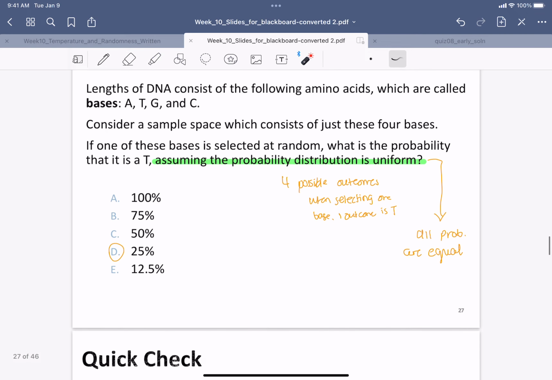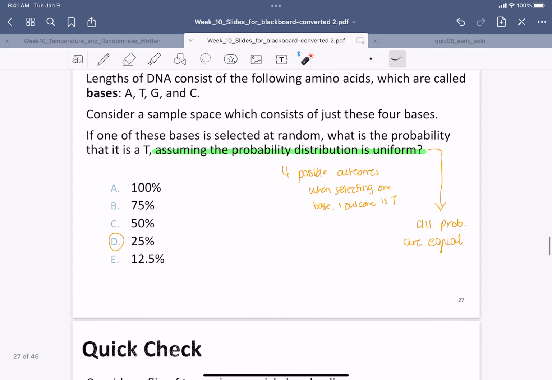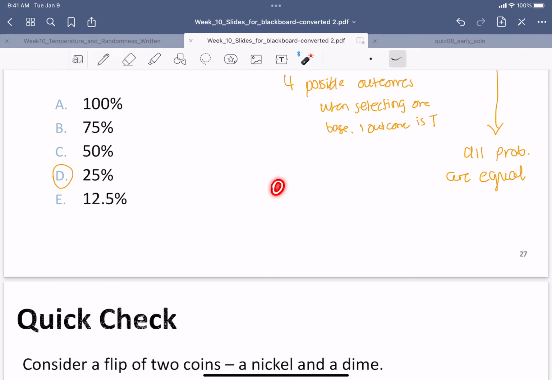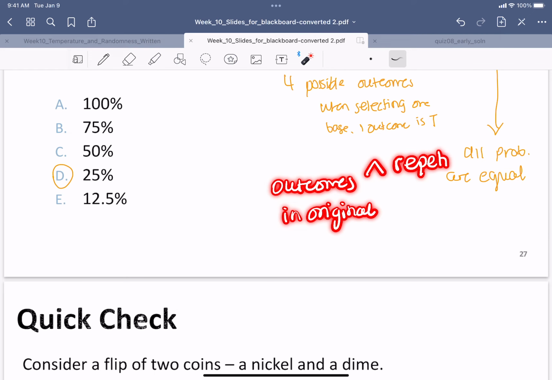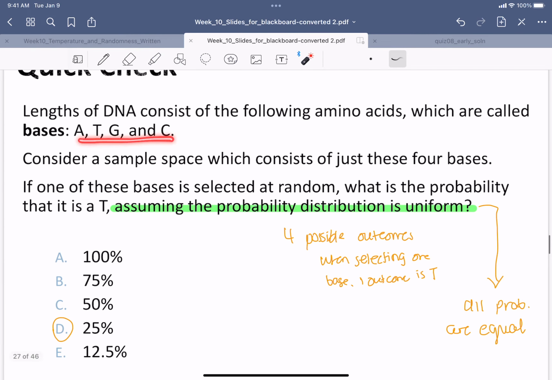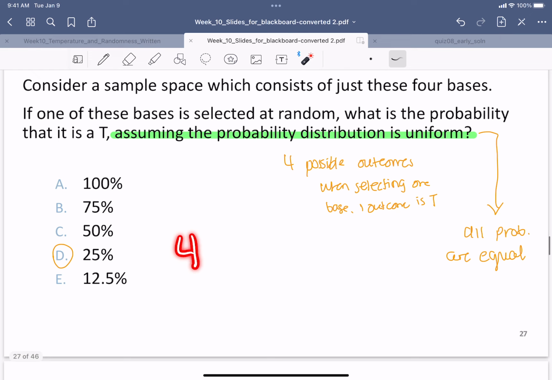But this is just probabilities of the bases again. Remember that rule that I taught you guys. You take your number of outcomes in the original process, right? Raise it to the power of how many repetitions. So if I have 4 of these bases, I have 4 outcomes in the first trial.